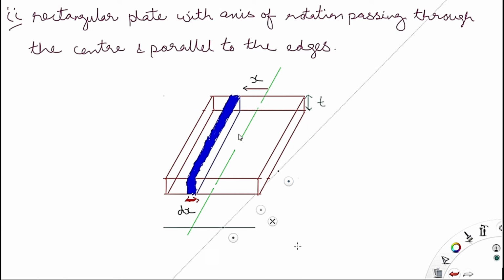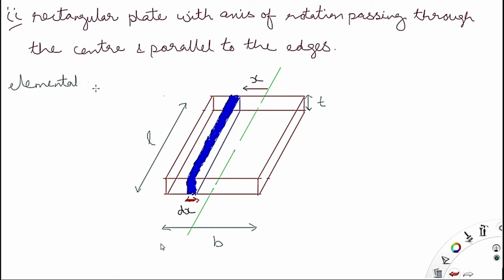Now L and B have to be interchanged. It has been written in the wrong order. This should be B and this should be L, because then only the elemental area will be B into dx.